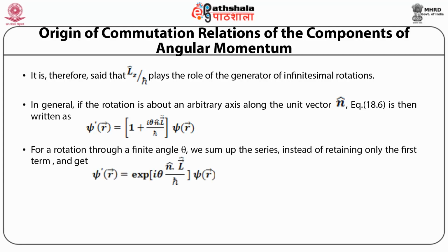For a rotation through a finite angle θ, we sum up the series instead of retaining only the first term, and we get ψ'(r) = exp(iθ n·L/ħ)ψ(r).